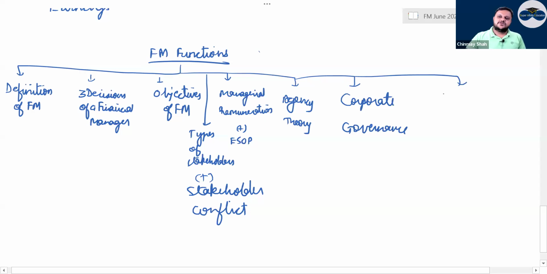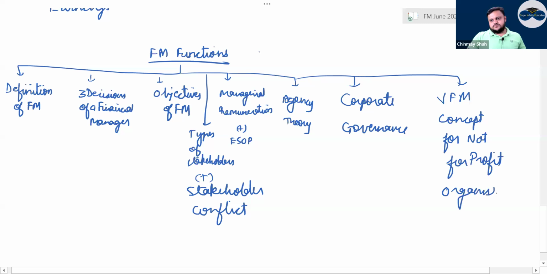And last but not the least is the VFM concept, value for money concept for not for profit organizations.